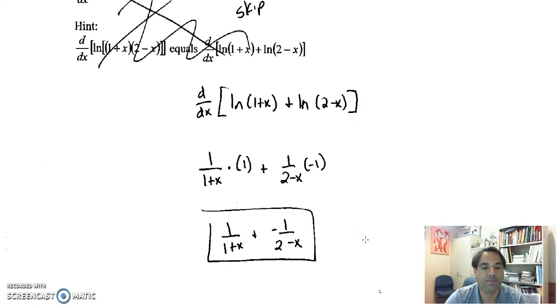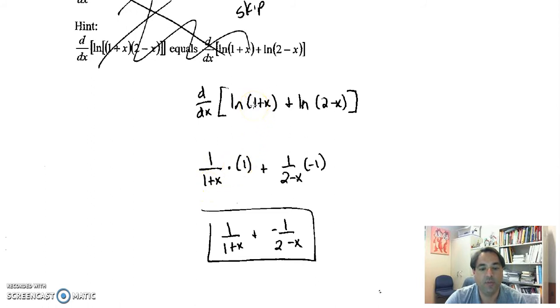Okay, so here's another one. What if I had something like the natural log of 1 plus x plus the natural log of 2 minus x? How would I deal with it? Well, because they're being added, we would treat them separately. So to take the derivative of natural log of 1 plus x, it's 1 over 1 plus x, times the derivative of 1 plus x.